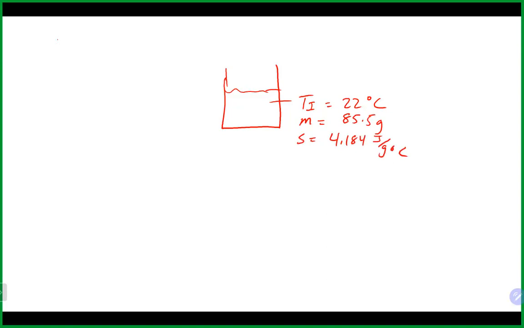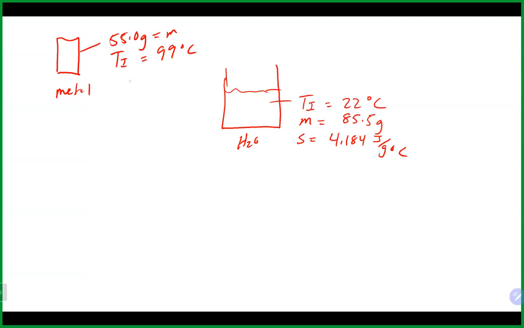We also have a piece of metal here, and obviously have water in here. And let's just say we had about 55 grams of the metal. And let's say that the initial temperature of the metal was like 99 degrees Celsius.